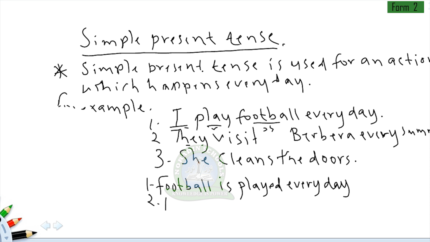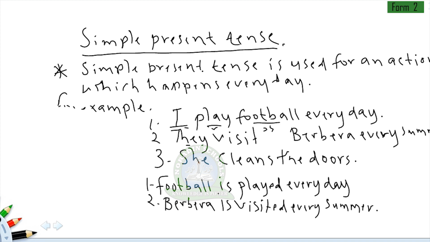Berbera is singular. Berbera is visited every summer.